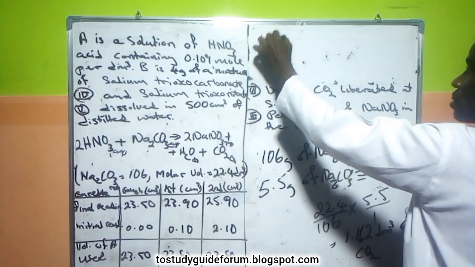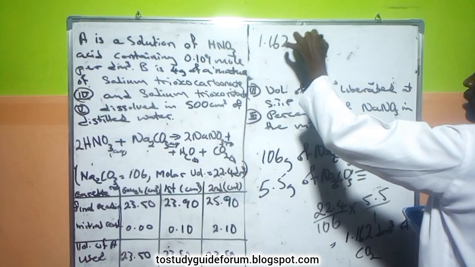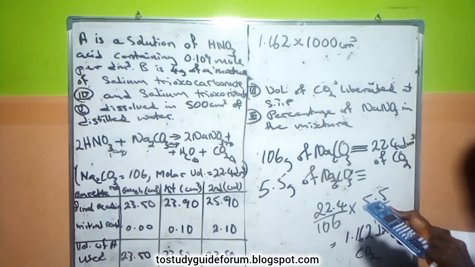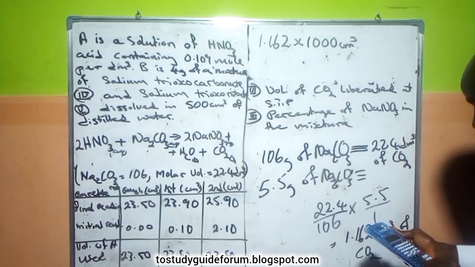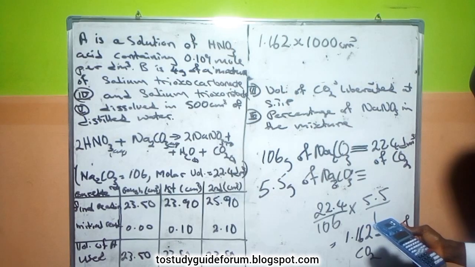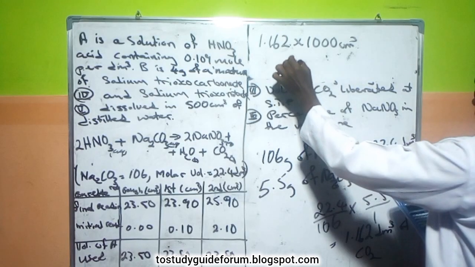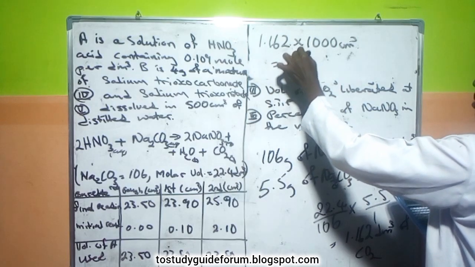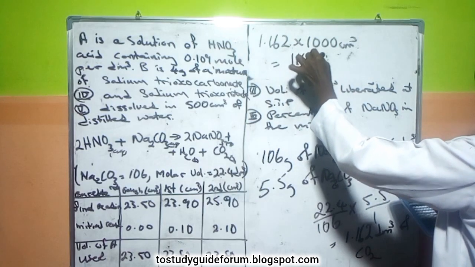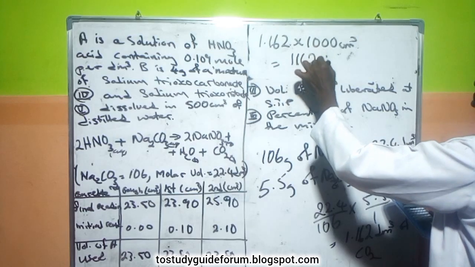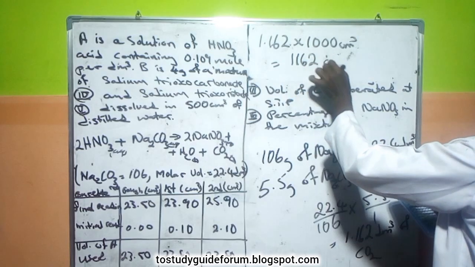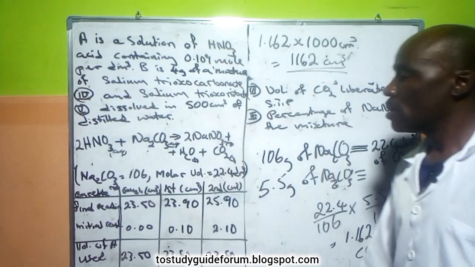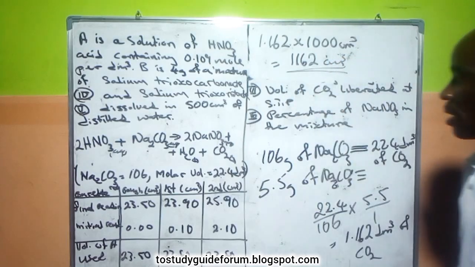Let's just go by that, times 1000 cm cube. So what we have will be equal to 1162 cm cube. That is what will be liberated at the end of the reaction.